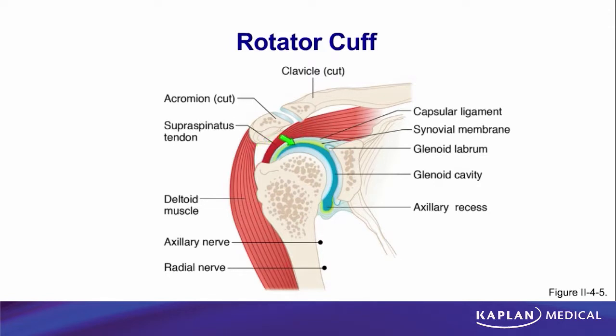But what we really want to be able to do is see all 4 of the rotator cuff tendons at the same time. So the way we can do that is we'll stand over here laterally, look into the shoulder from the lateral side, remove the humerus, so we're looking into the shoulder joint and we're looking at that surface right there. That's what we'll see on the next slide.